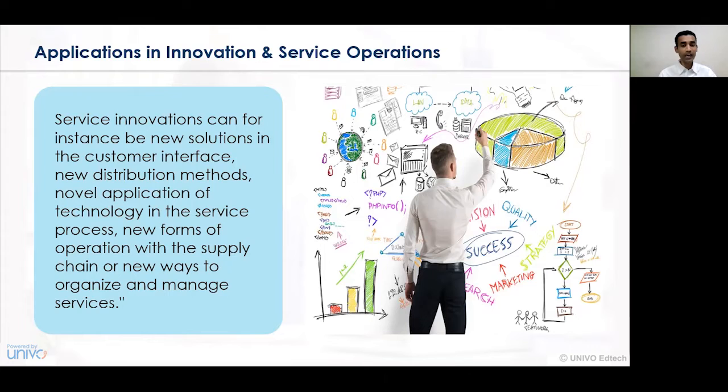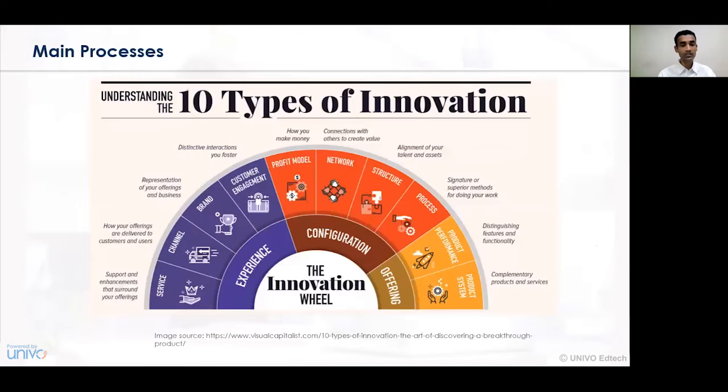Service is a perceived value of a certain imagination in the minds of the customers about what they expect from an organization. The organization taking the various measures or steps for fulfilling those activities and fulfilling the mindset of the expectation of the consumers is called service operations. So that's the understanding of applications and innovations and service operations.